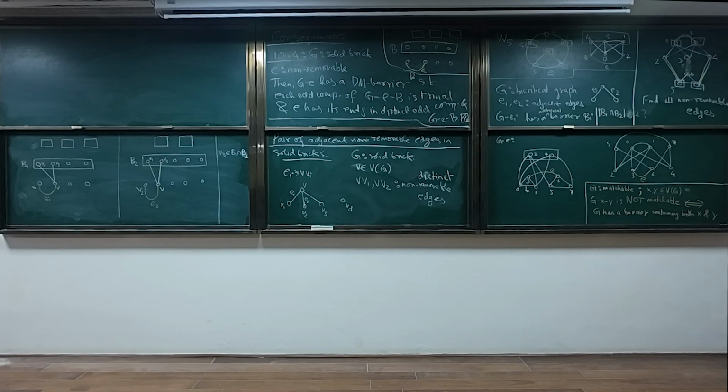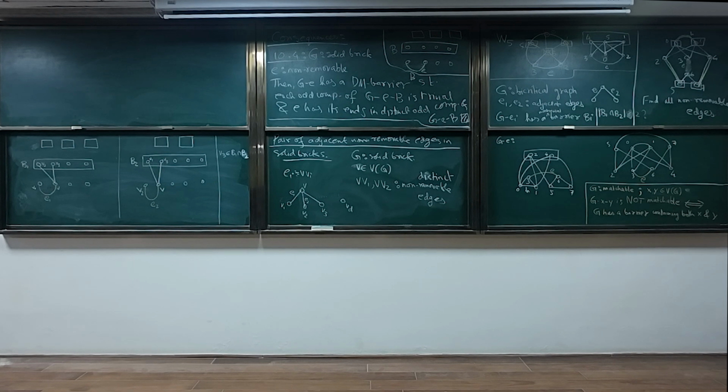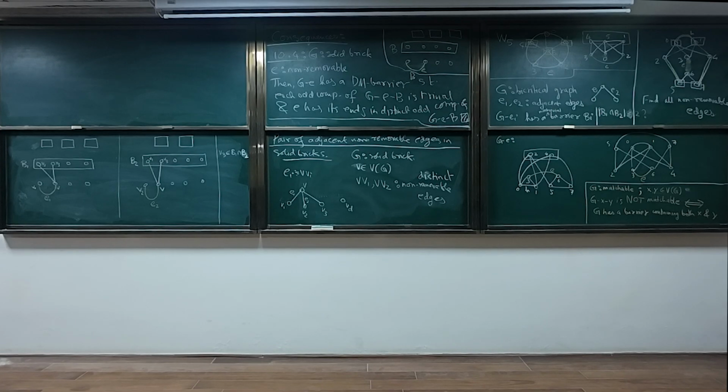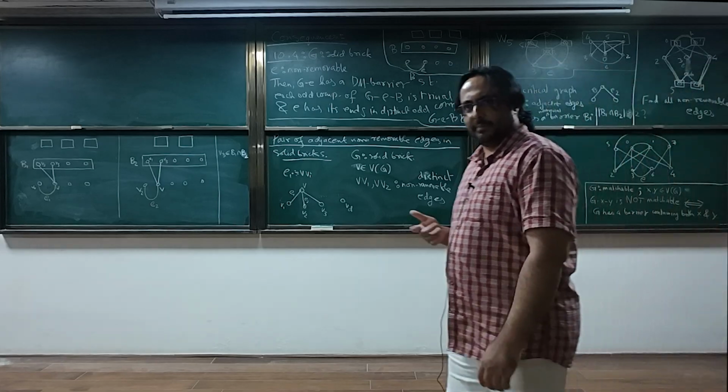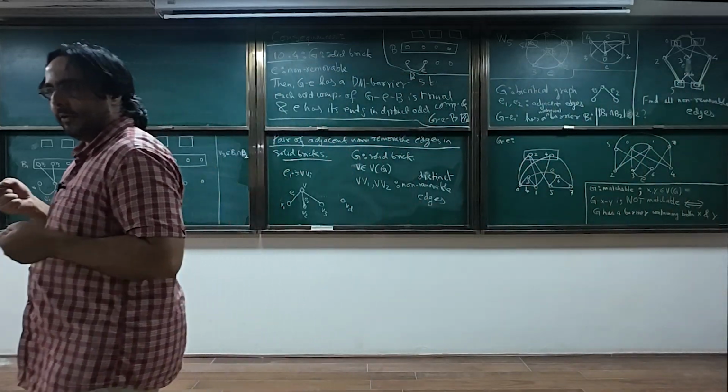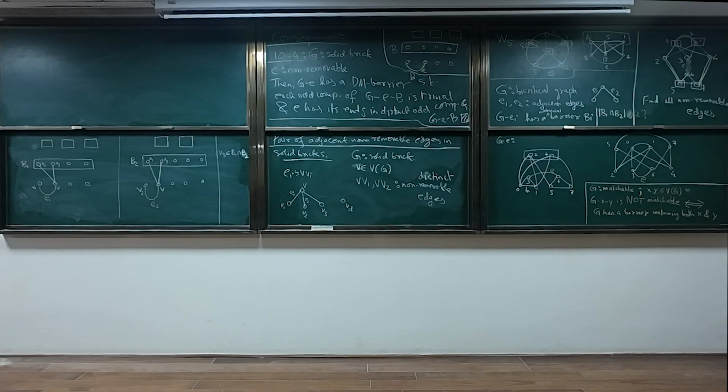So the point is G minus X minus Y has a perfect matching. Take a perfect matching, M. But in G minus E1 minus X minus Y, there is no perfect matching because there is a barrier containing X and Y. In G minus E2 minus X minus Y, there is no perfect matching for the same reason. What does that mean? Why is that perfect matching disappearing if I delete E1 or E2? Well, the only way to disappear is if it uses the edge E1 or E2, right?